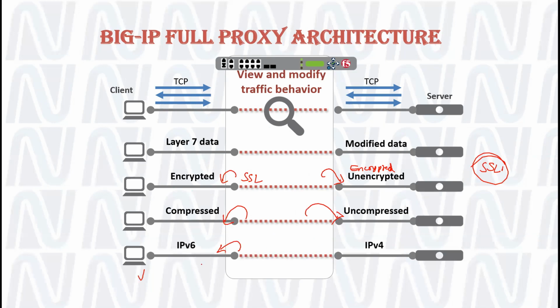Let us say the client is new and the servers are old, so no need to do the IP migration. From the client to BIG-IP you can have IPv6, and from here to here you can have IPv4, and vice versa.